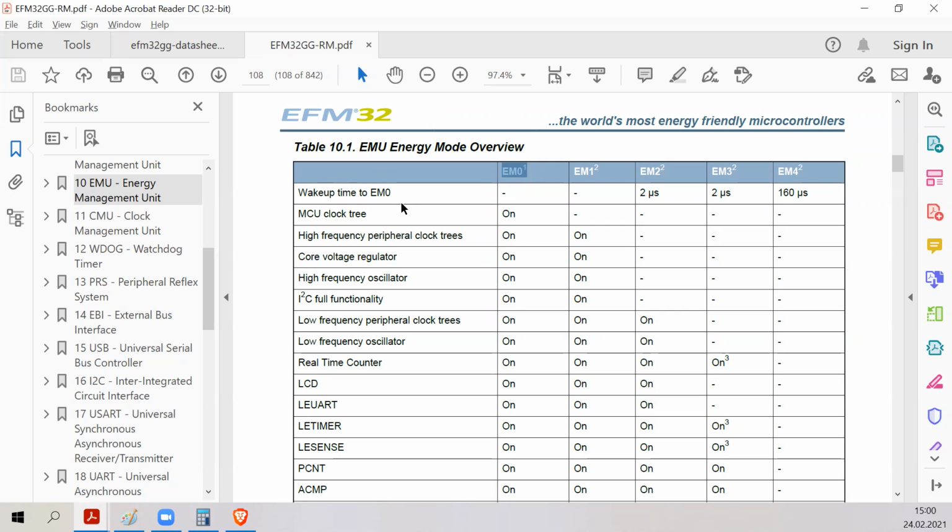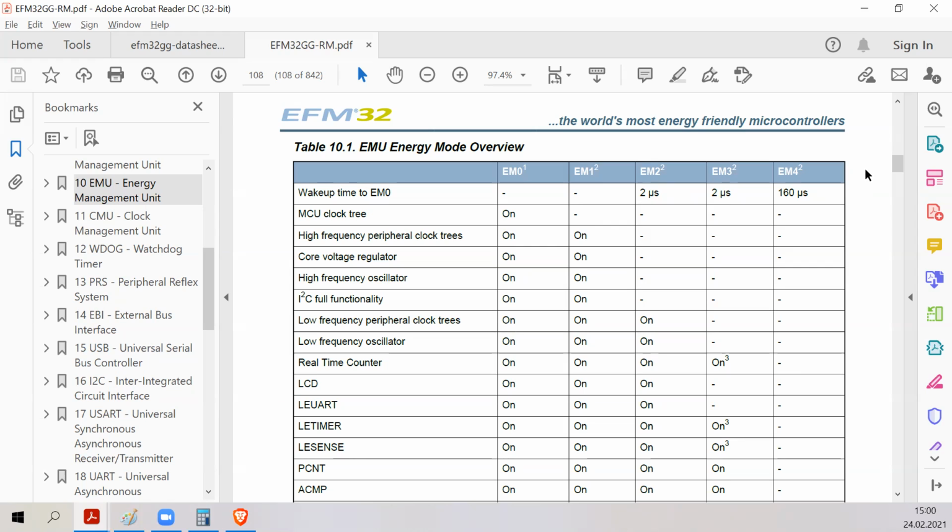And then when you have done everything and you don't need to do anything more for some longer period of time, you will set up a wake up interrupt in real-time clock and just go to energy mode 2 and sleep.